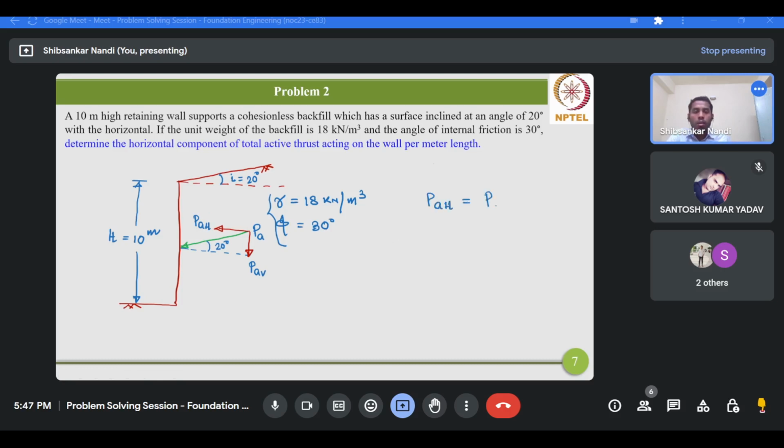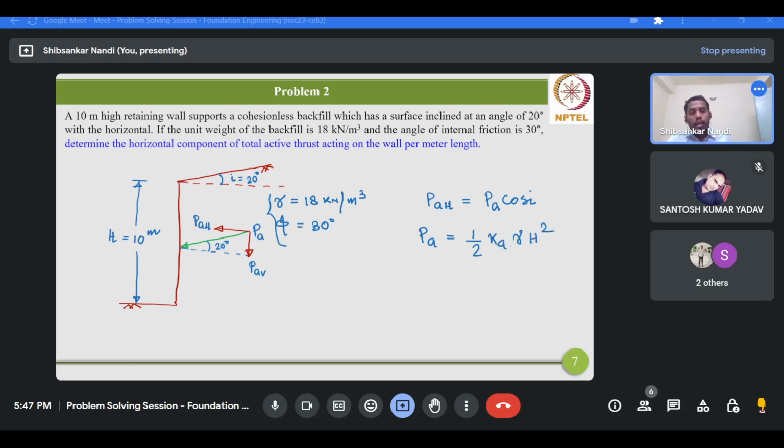So this will be PA cos i. You have to resolve this PA into components. So PAH will be PA cos i and PAV will be PA sin i. Okay, this second part is not needed for the problem. Now i we know, 20 degrees, so PA you have to only calculate. Now this PA will be half Ka gamma H square.